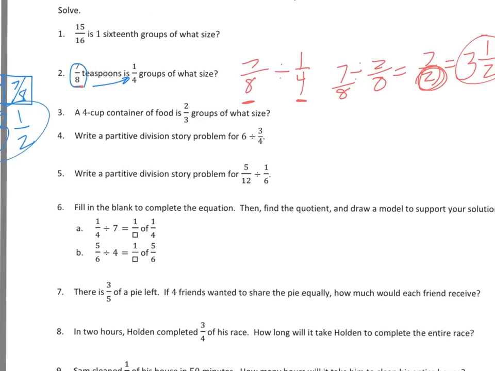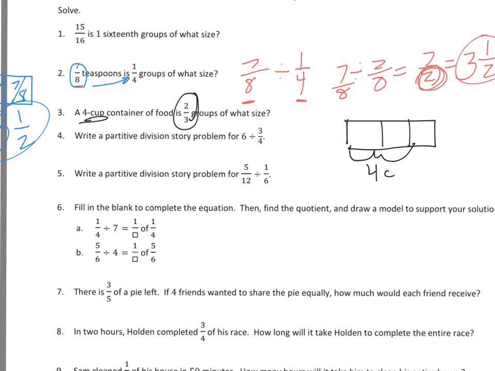So let's take a look at 3. A 4-cup container of food is 2/3 groups of what size? So I feel like, again, this is lending to say 2/3 is 4 cups.